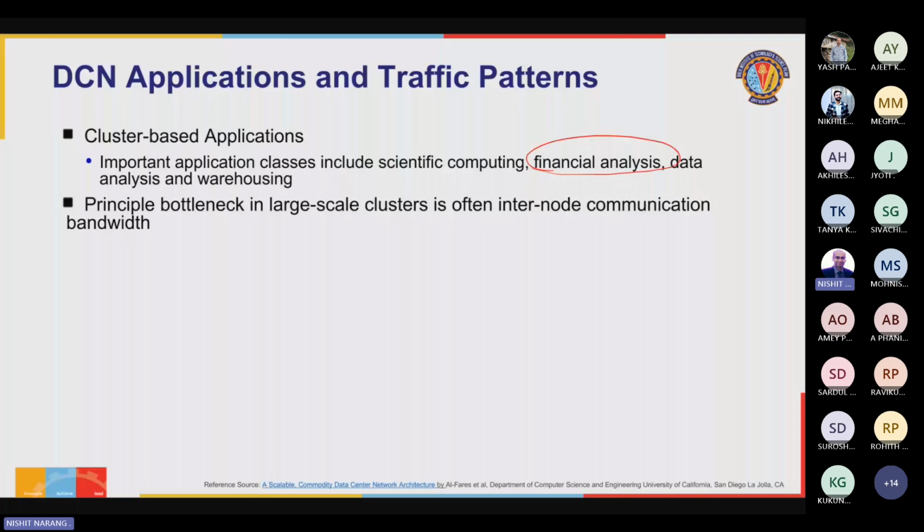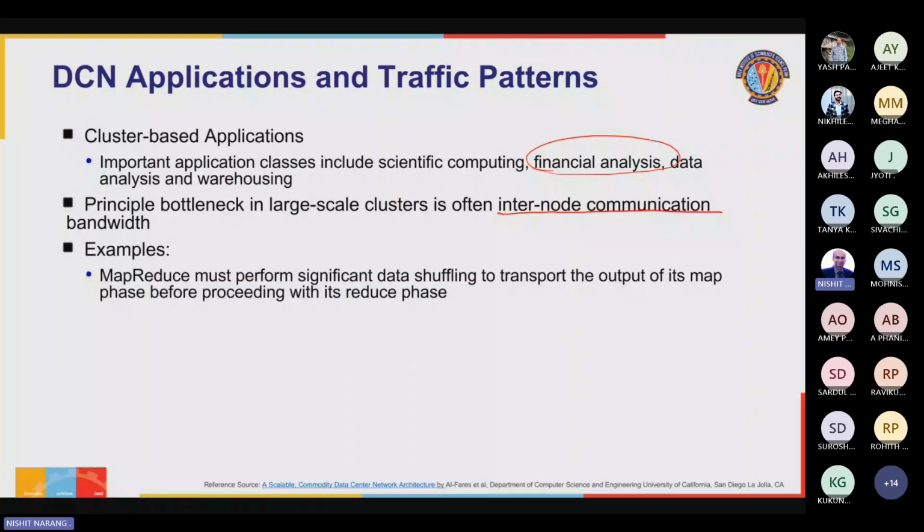So where is the principal bottleneck going to come in when we talk about such large-scale clusters implementing such complex applications? The bottleneck is often going to be observed in the bandwidth that exists between the nodes within that cluster, what we call the inter-node communication bandwidth.